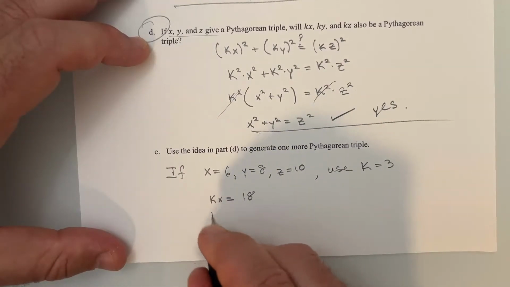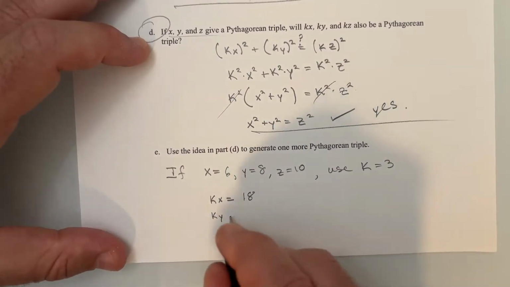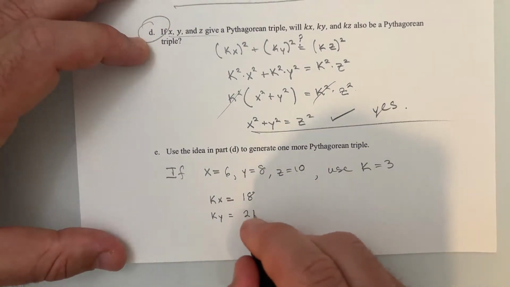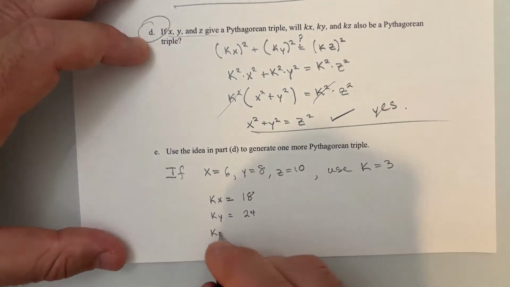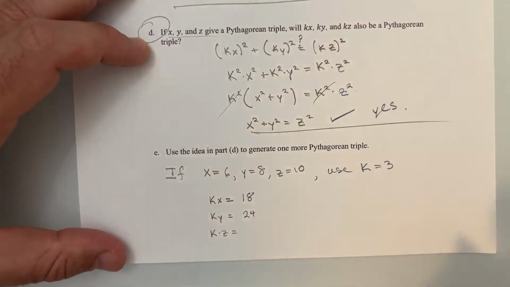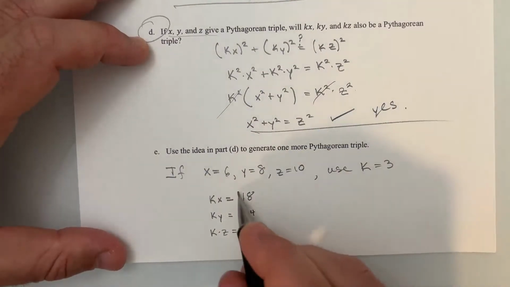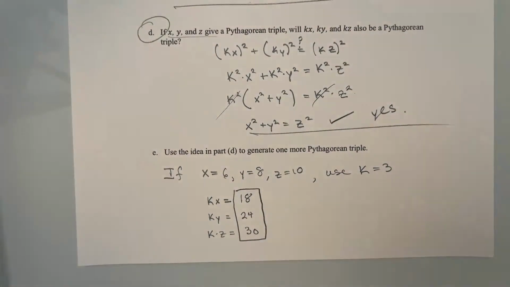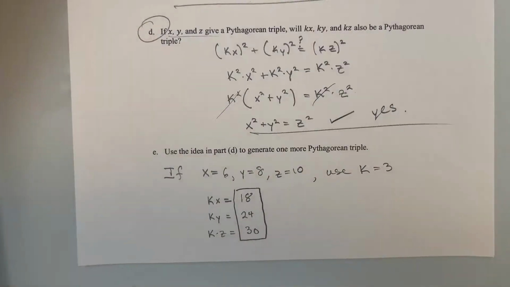We have k times that y is 24. Then we have k times our z is 30. This would be it. Another one. I wrote some other one on the key.